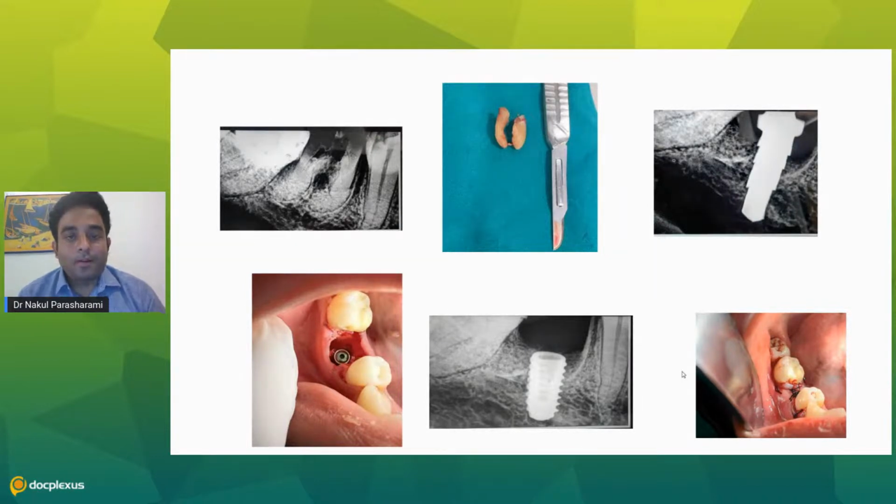The traditional protocol is that we should extract such a tooth, wait for 3 months, then place the implant, wait for another 3 months, then give the patient a prosthesis. But such a delayed treatment is not mandatory, and it has been shown through various studies that an implant placed in an extraction socket leads to better bone formation and better osseointegration around the dental implant.